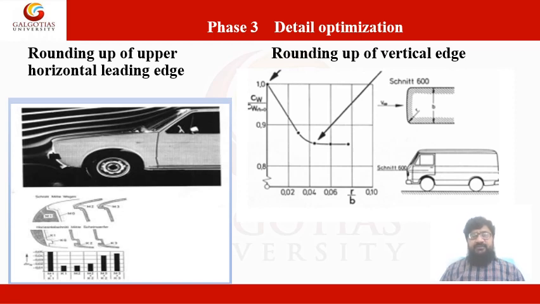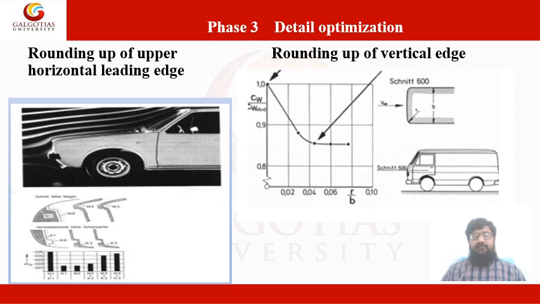So after streamlining of the car, technicians and engineers paid their attention to detail optimizations. So many methods were developed for the detailed optimization and to reduce the impact of airflow over the vehicle.